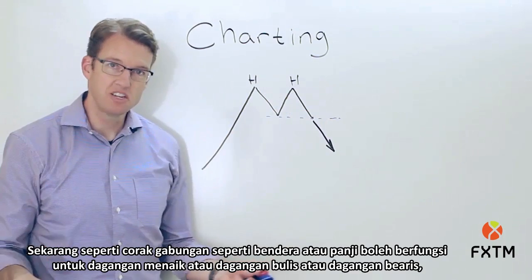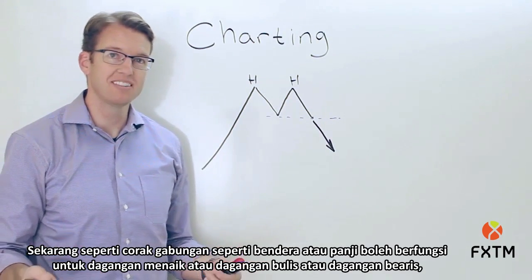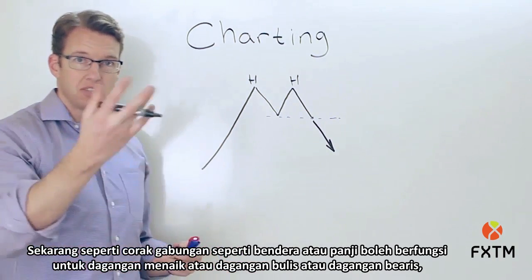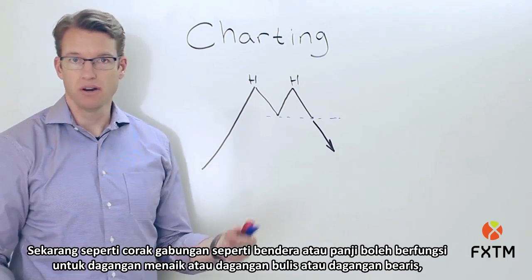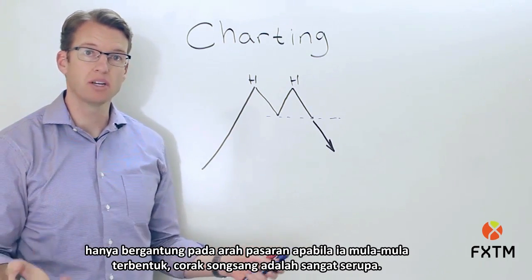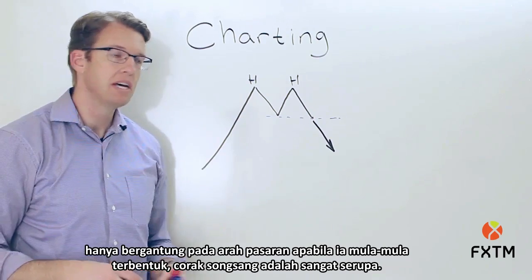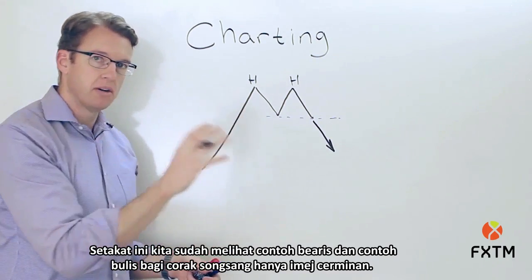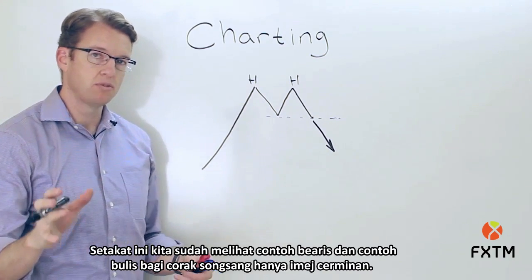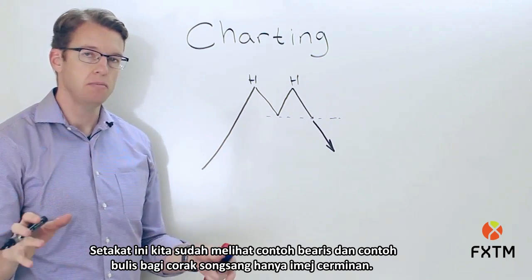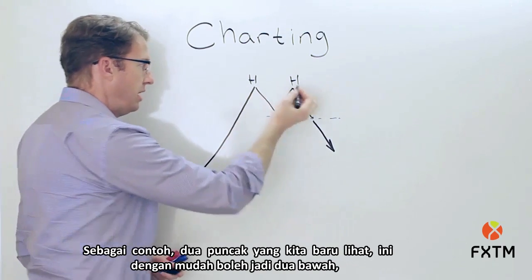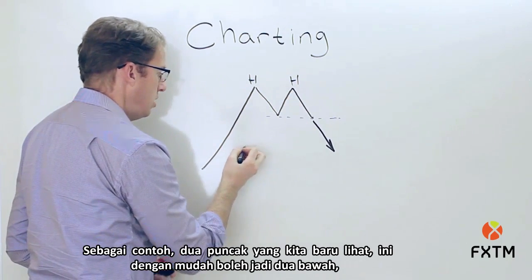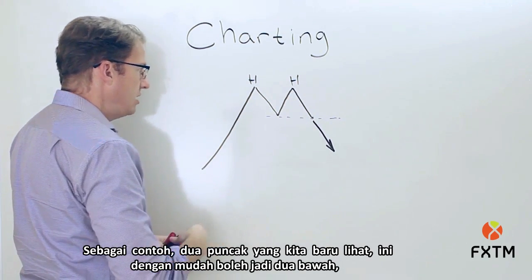Now, just like consolidation patterns like flags or pennants can work for either a bullish trade or a bearish trade, depending on which direction the market was going when it initially formed, reversal patterns are very similar. So far we've done some bearish examples, and bullish examples of reversal patterns are just the mirror image. For example, the double top that we just looked at could easily be a double bottom.